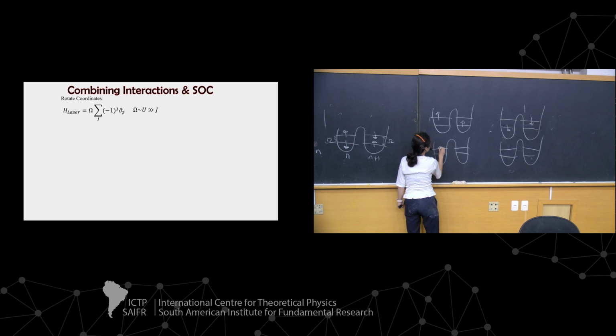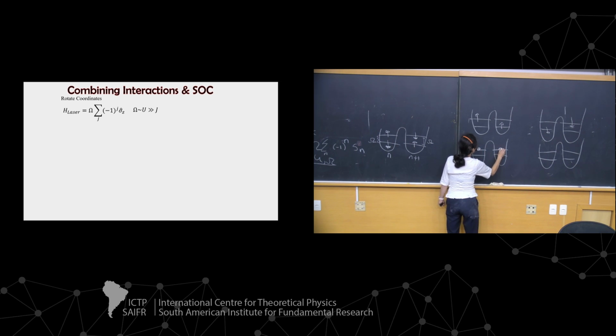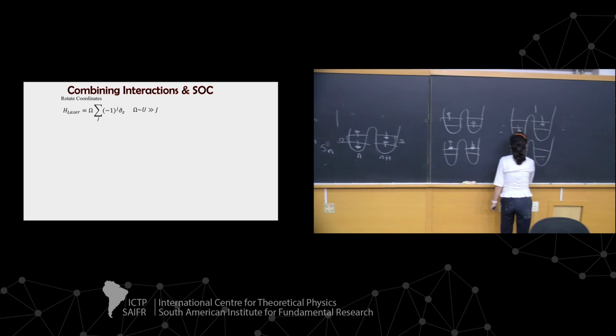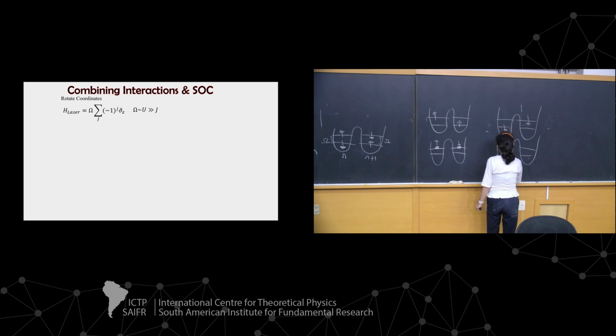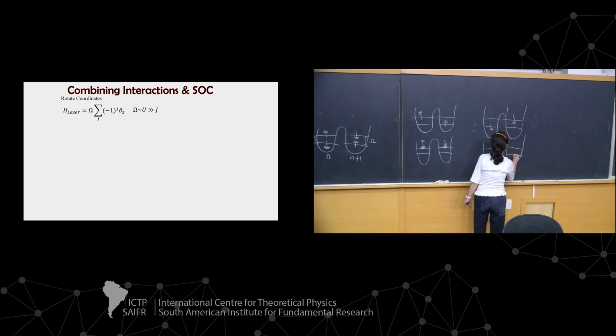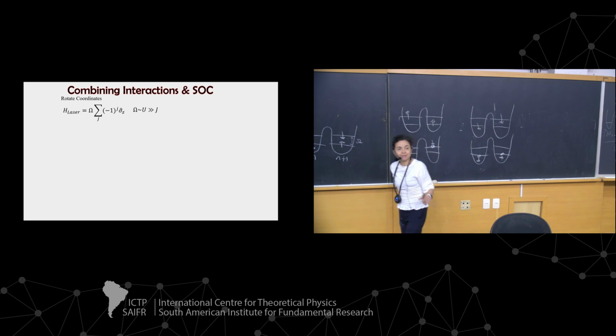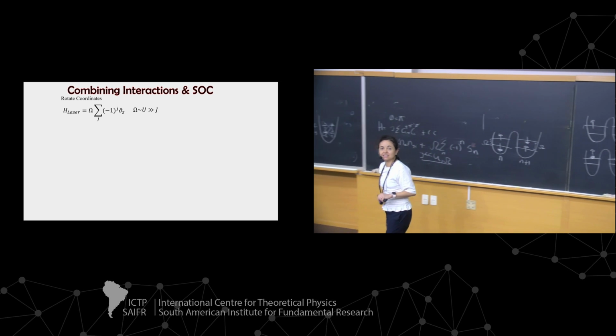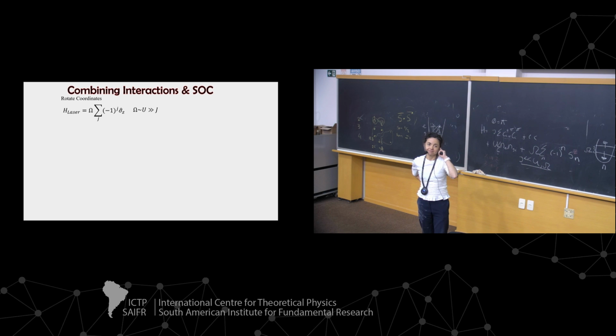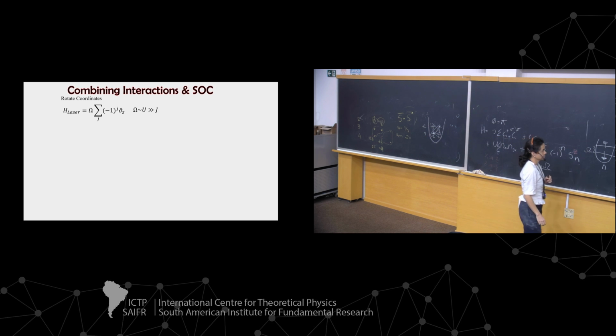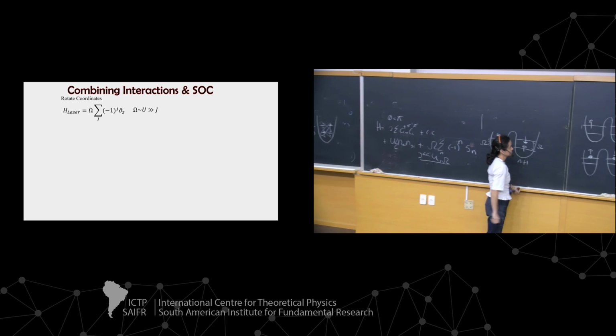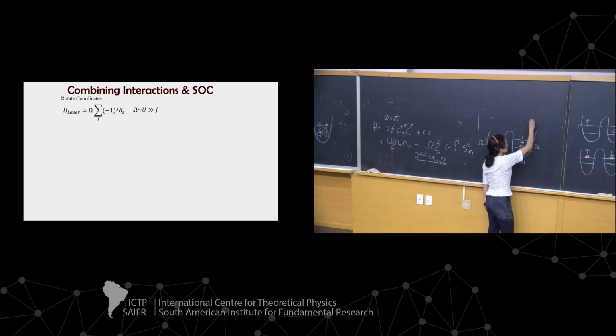I can have up, here, down. And I can have this down, and this up. Yes? And then you can try to look at the dynamics and see what you get. Remember, tunneling is SU(2) symmetric.